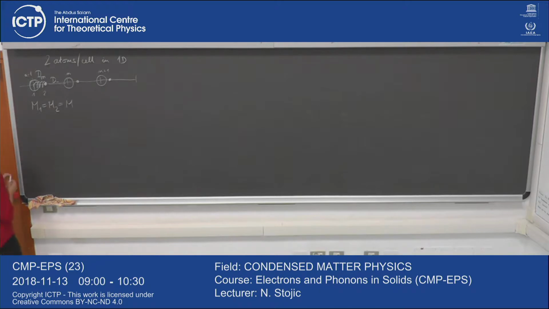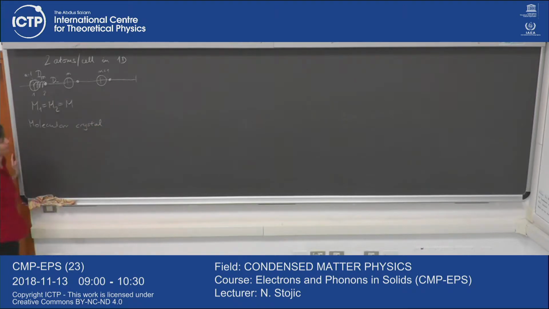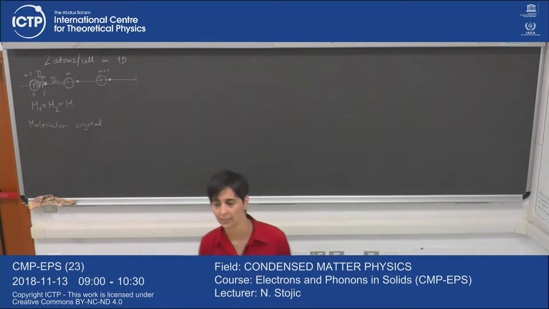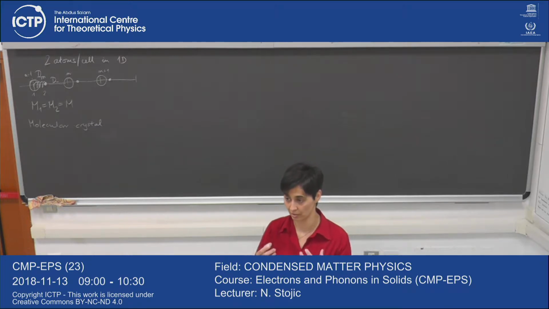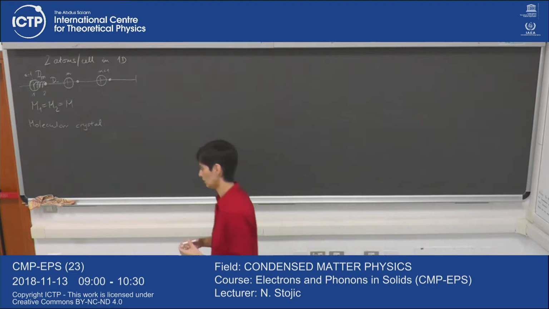So this would be a molecular crystal. In this case, for molecular crystals, also called van der Waals crystals, you don't really have a charge like in ionic crystals, or even in covalent bonds.